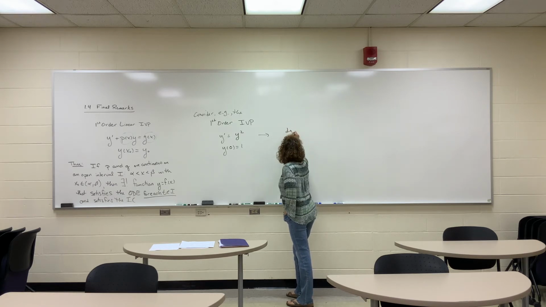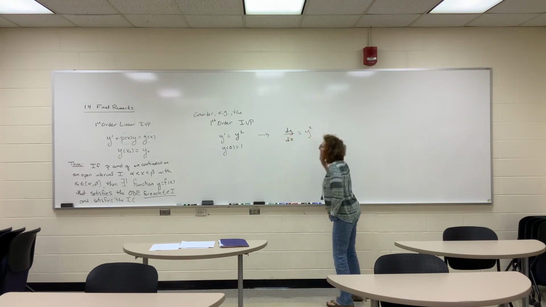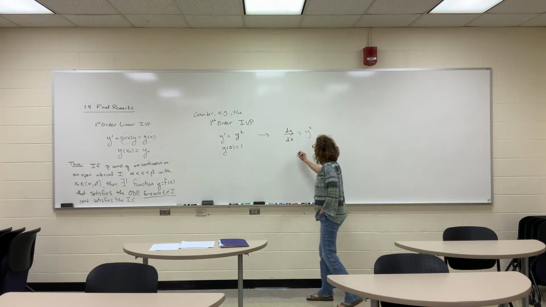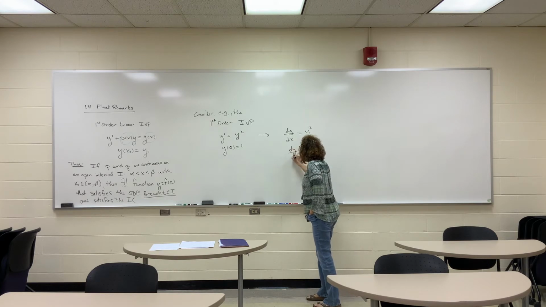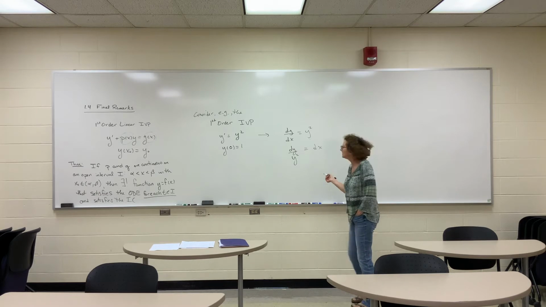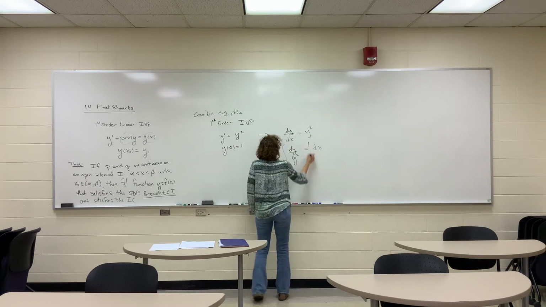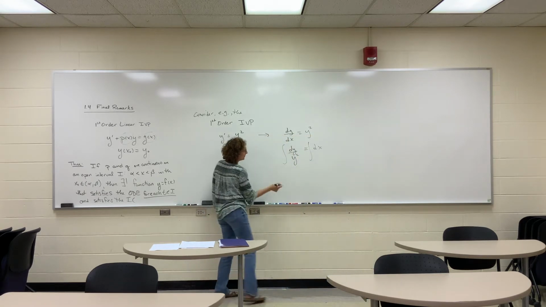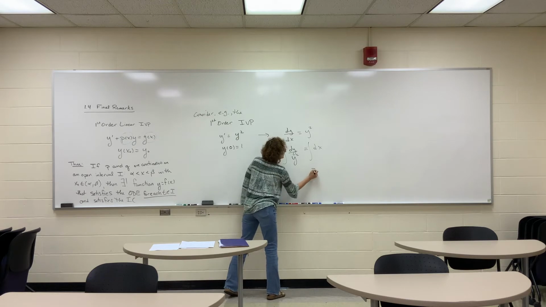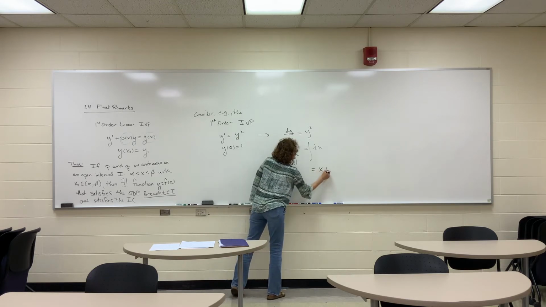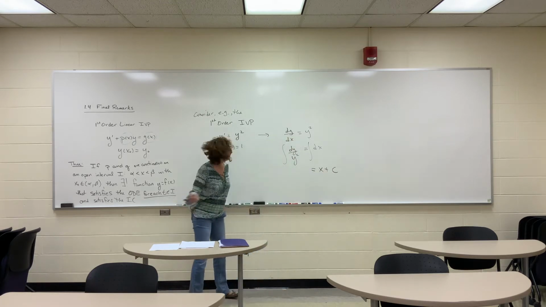Using our technique of separable ODEs, we have dy dx is y squared, then dy over y squared equals dx, separating variables. Now we're going to integrate, okay. What do we get on this side? Very simple, awesome, x plus a constant.